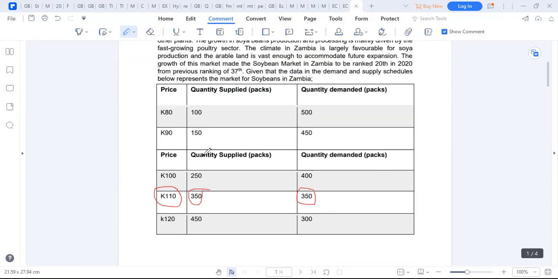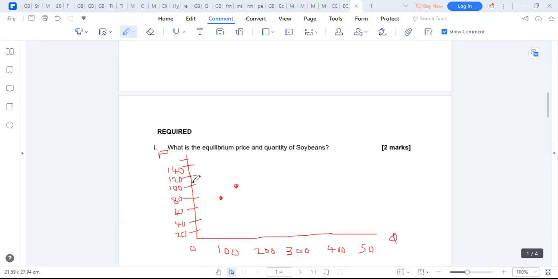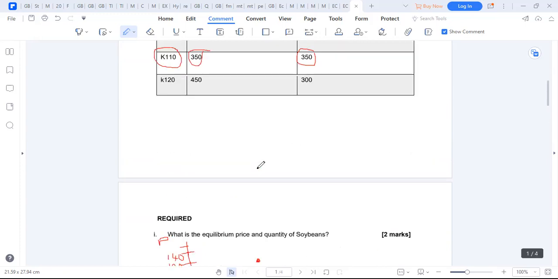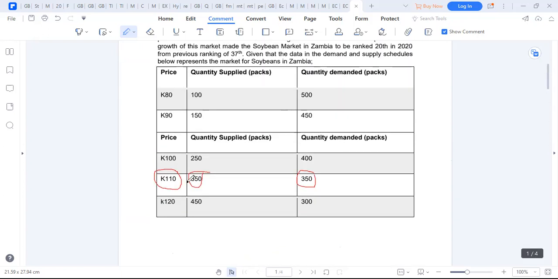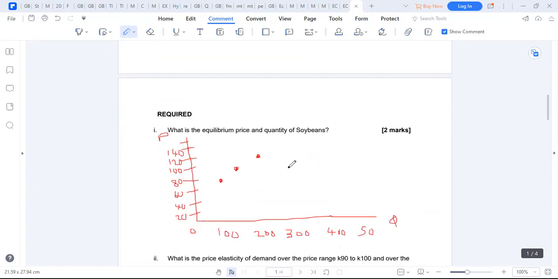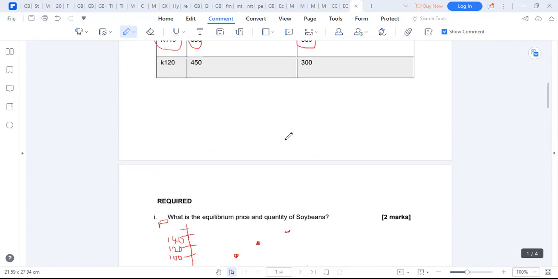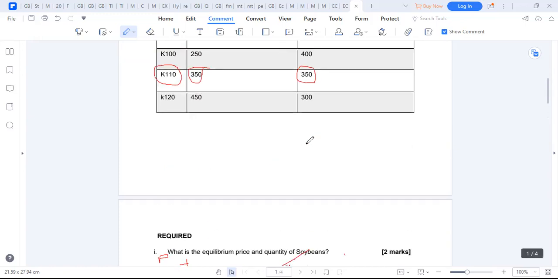And we have another coordinate, 100, 250. Then we have another, 110, 350, somewhere there. Then 120, 450, somewhere there. So the supply goes somewhere like that.